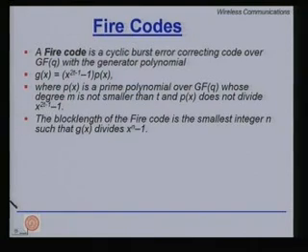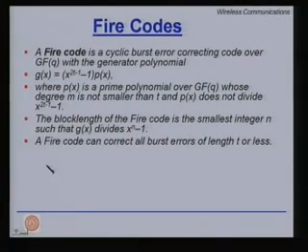It has some very interesting properties. The block length of the FIRE code is the smallest integer n such that g(x) divides x raised to the power n minus 1. A FIRE code can correct all burst errors of length t or less.